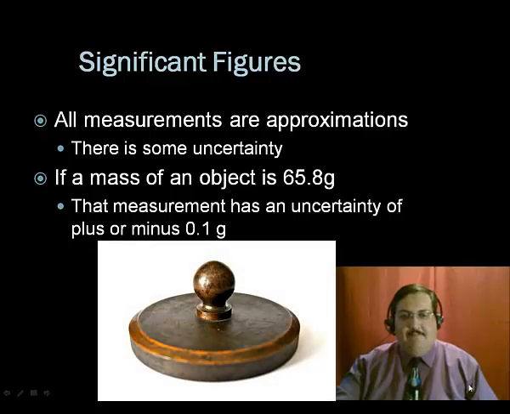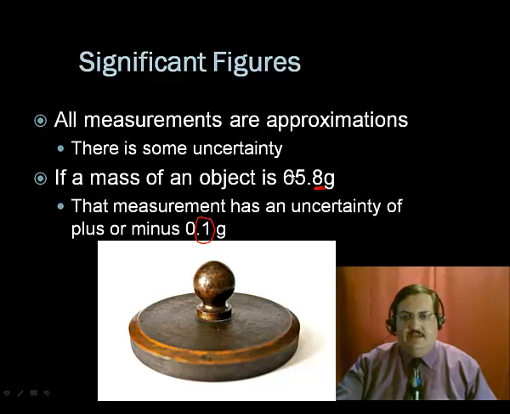So if I take a mass of an object, let's say this weight down here, and I put it on a scale and find its mass to be 65.8 grams, what I am actually saying when I record this digit is that this 8 is going to be my level of certainty. I have an uncertainty of plus or minus 0.1 grams.